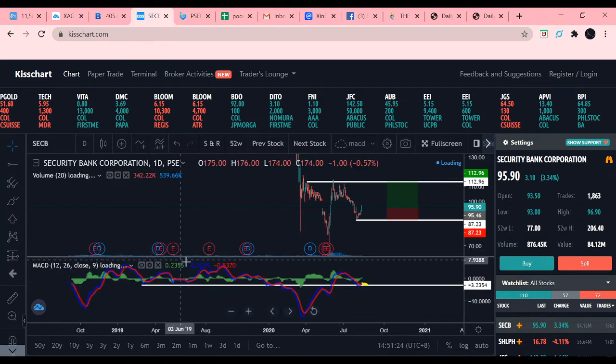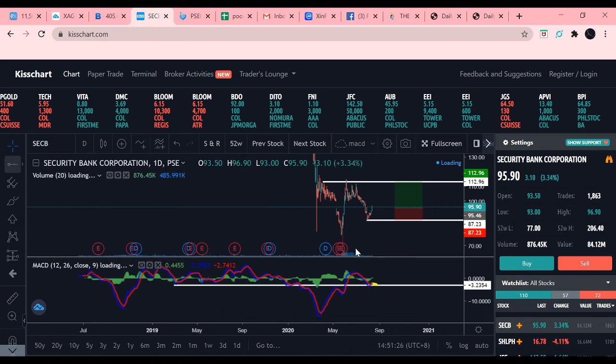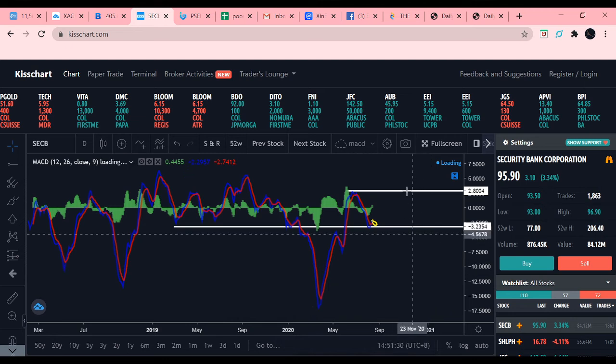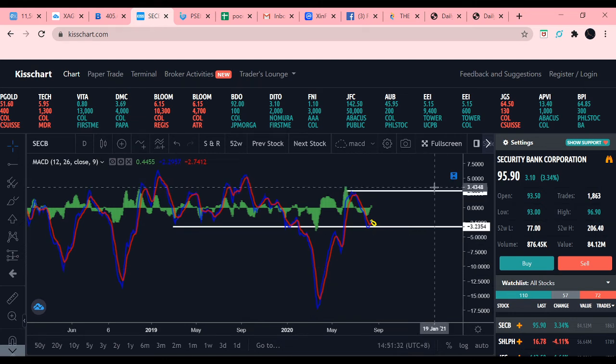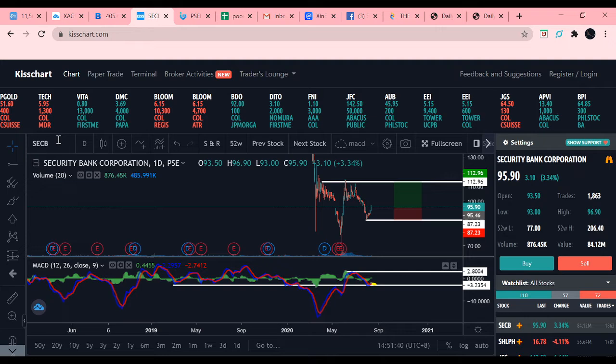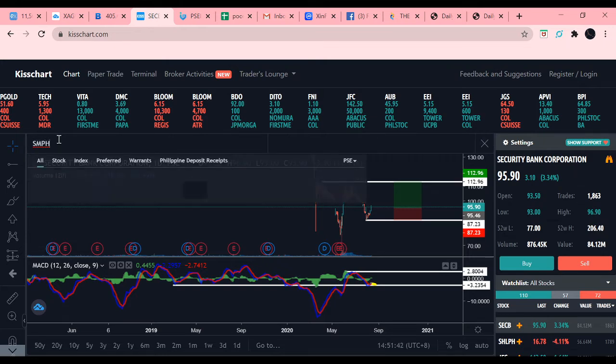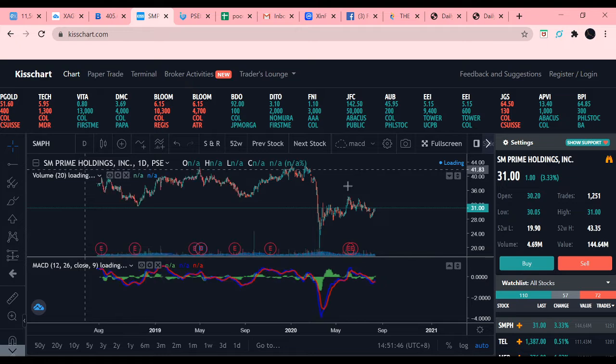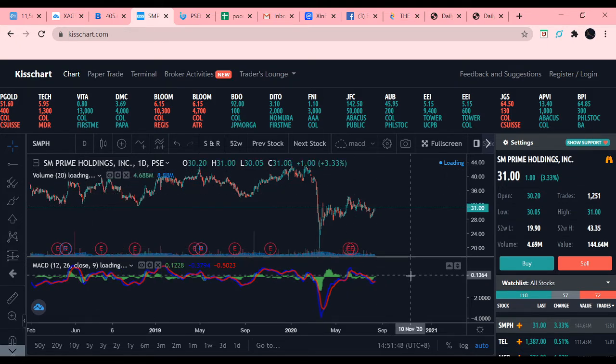And then, of course, antayin ko yung resistance dito sa area na to. Check ko kung magsiserve siya as resistance or magbre-breakout siya. And then next is SMPH. So, SMPH, halos nagano sila in fairness.